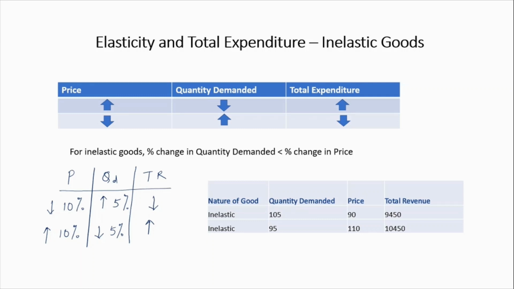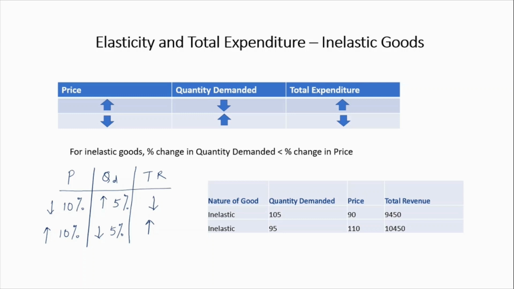So take the first case, price decreases by 10% means from 100 my price goes to 90. Quantity demanded increases by 5% means from 100 now my quantity demanded is 105. So if I calculate my total revenue, which is nothing but price times quantity, it is around 9,450.